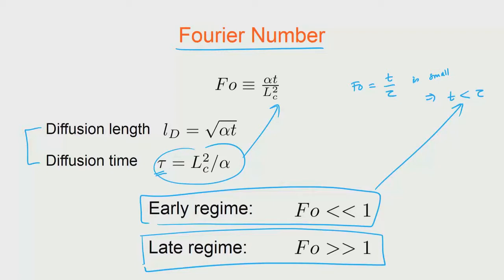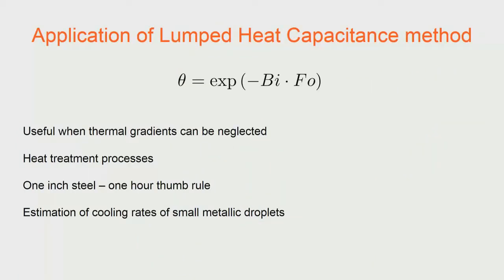Which means that this quantity which we just now cooked up as a non-dimensional number, Fourier number, is actually having a meaning. If the number is small, it means that we are in the early stages of the thermal diffusion taking place, and if the number is large, it means we are in the late stage of thermal diffusion taking place. Okay, so, now our solution can then be written with the non-dimensional numbers used in the solution expression, and that means that the expression is coming out quite elegant.